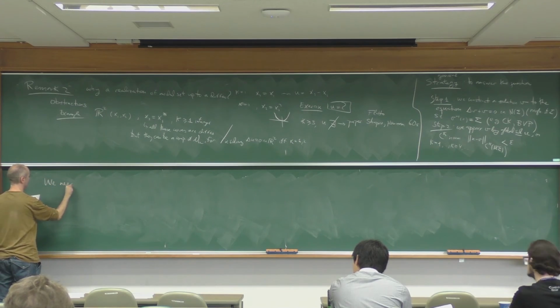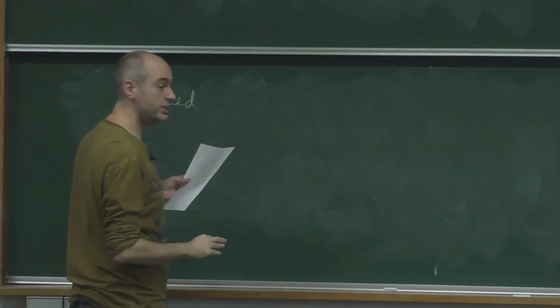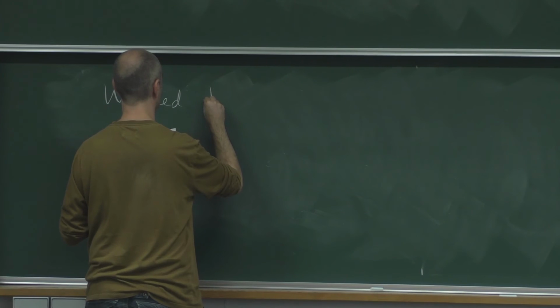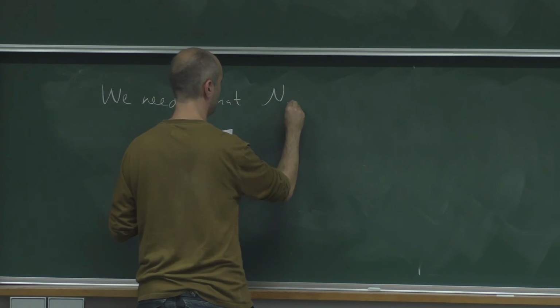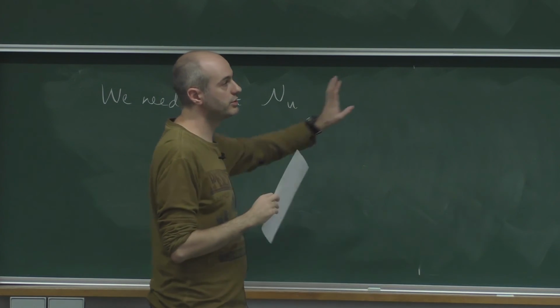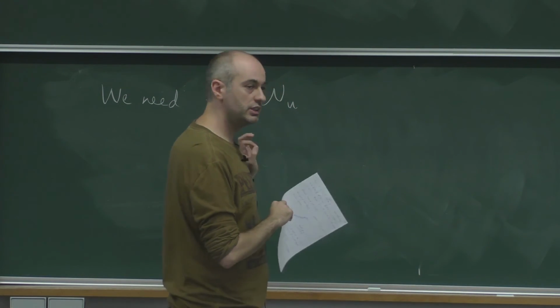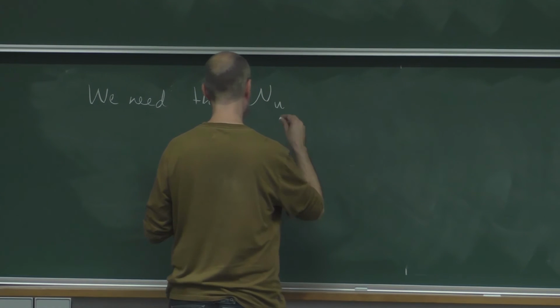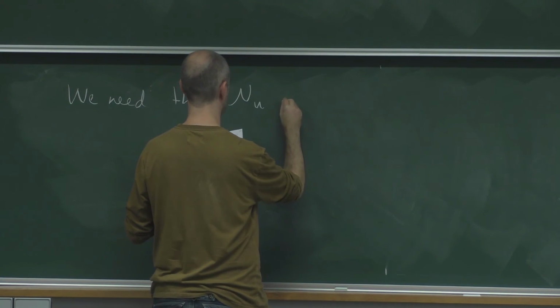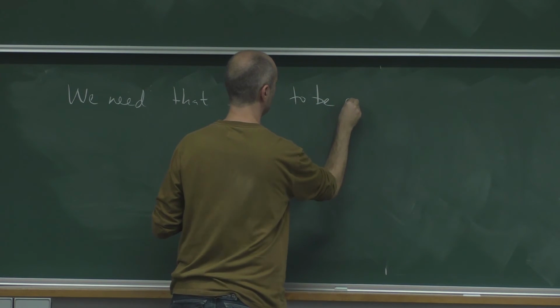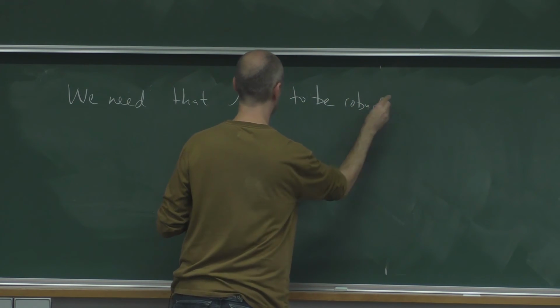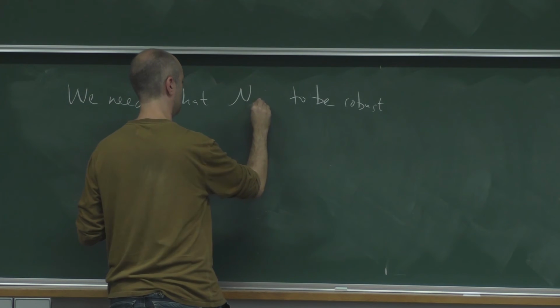So the nodal set: for this strategy to be successful, we need that this N of u, or at least the component of N of u in the neighborhood, to be robust. Or I would say N of v.